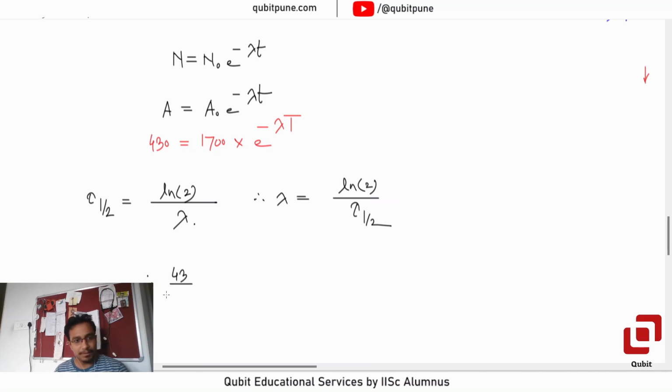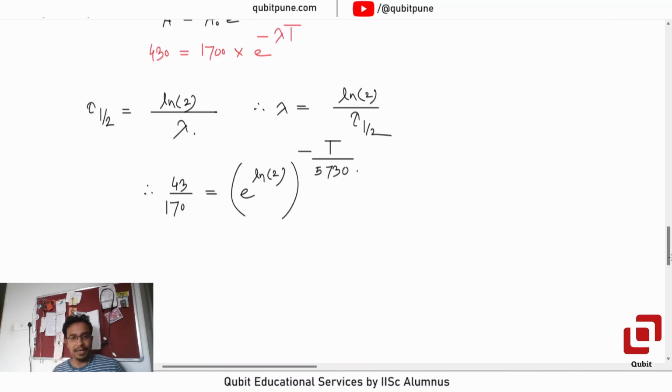Therefore 43 upon 170, I have cancelled the zeros, will be equal to e raised to, let me write it as ln2 first, raised to negative t by half-life 5730. Have you understood this? e raised to ln2 into negative t upon 5730.